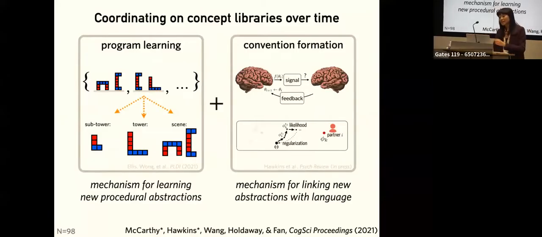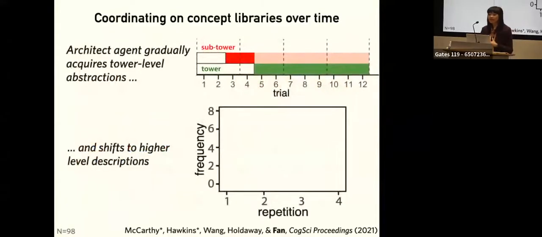The second is a mechanism for then coining new terms in language to refer to those new part concepts. This convention formation mechanism. We found that this conceptually simple combination of mechanisms yielded an architect agent that could reproduce key qualitative behavioral patterns, including the bias towards tower level abstractions over time.